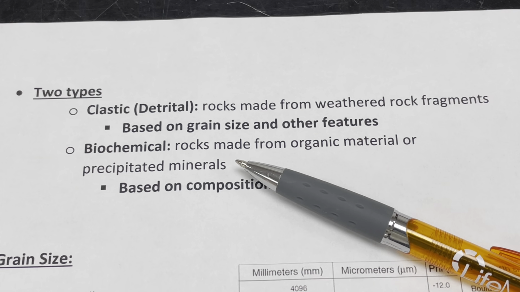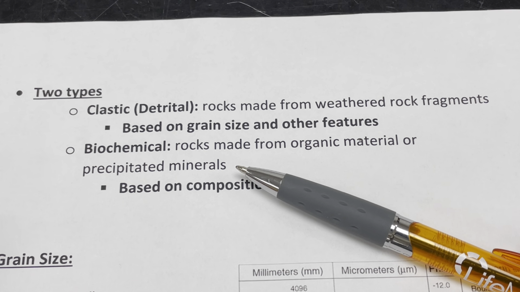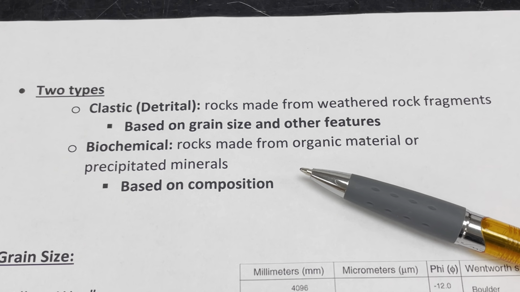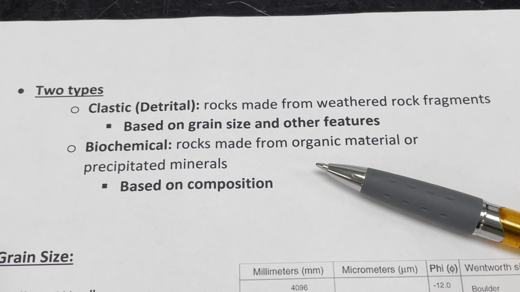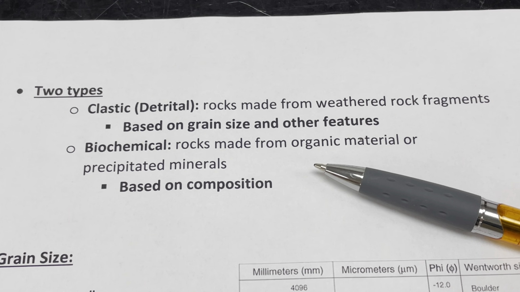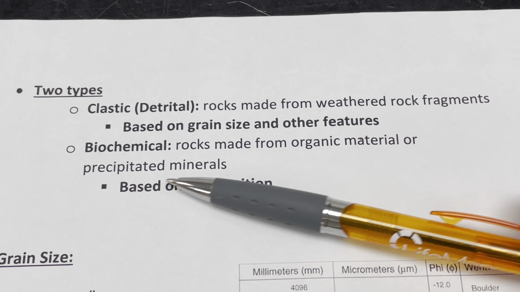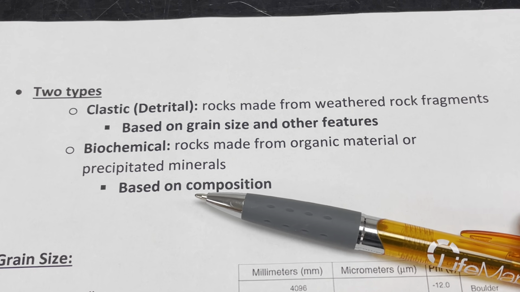The other big group of sedimentary rocks is what we call the biochemical sedimentary rocks. Now, classification systems vary. I sometimes joke that classification systems are kind of like belly buttons. Everyone's got their own. But this is what I use. So we're going with the Willsey way here. And sometimes these are divided out into chemical and biological sedimentary rocks, but I like to lump these together as the biochemical sedimentary rocks.